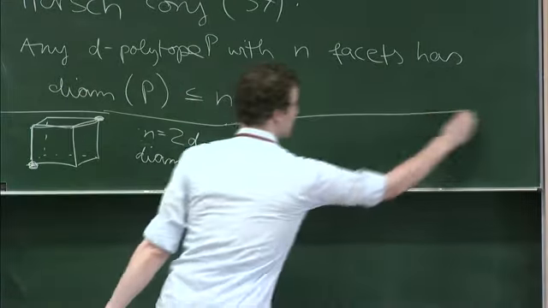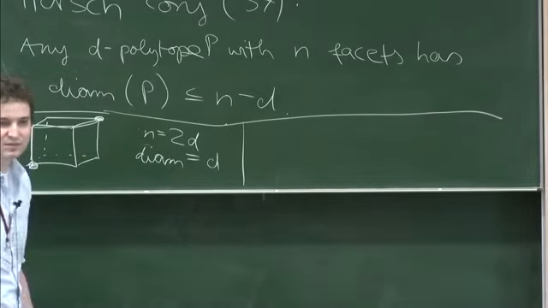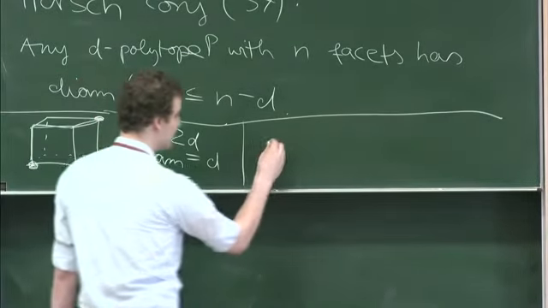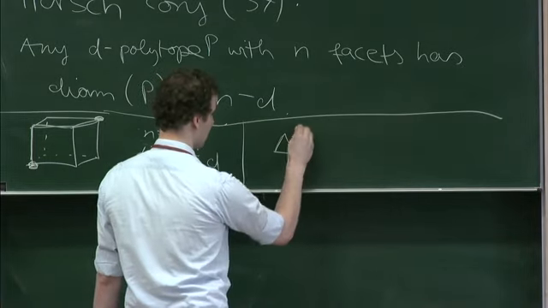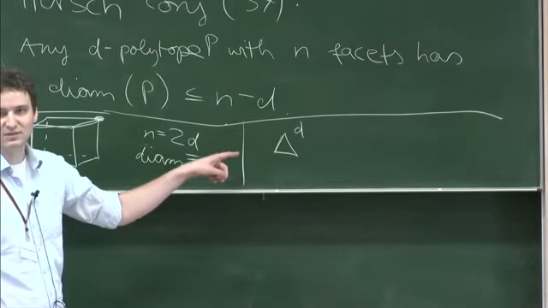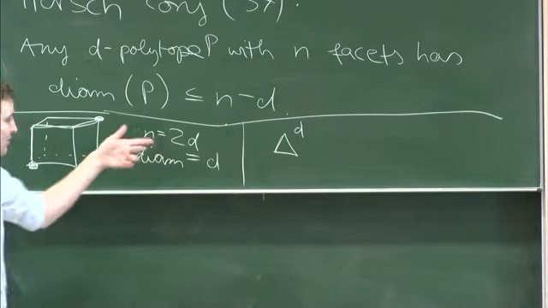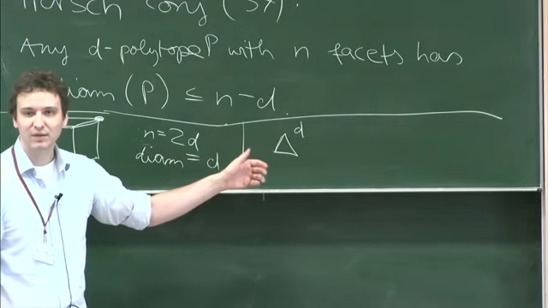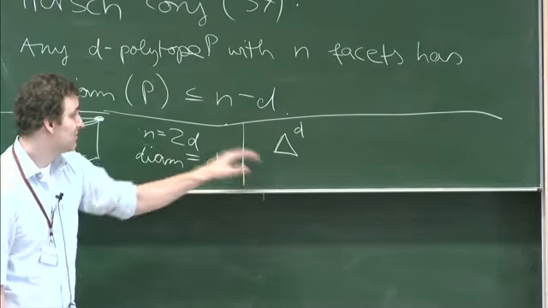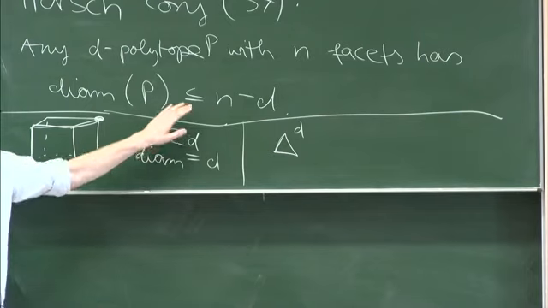And another example, which is maybe even simpler, is the simplex. So if you take the d-simplex, it has dimension d. It has d plus 1 vertices and d plus 1 facets, and the diameter is 1. It also fulfills this bound with equality.